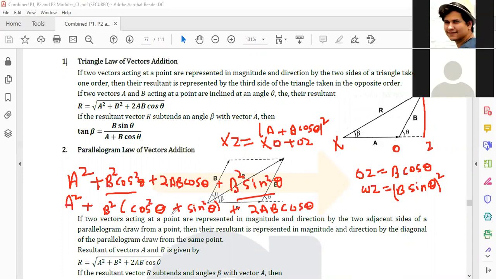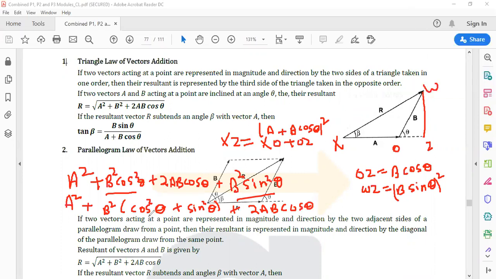Now cos square theta plus sin square theta is 1. So we get R square equal to A square plus B square plus 2AB cos theta. So R is equal to the square root of A square plus B square plus 2AB cos theta. This was the derivation of this formula. I hope all of you understood this.